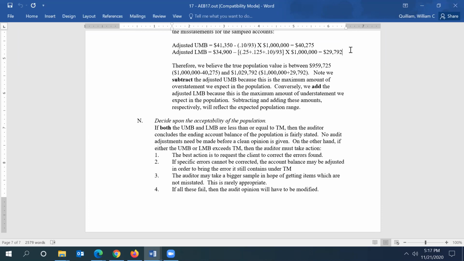Conversely, we add the adjusted lower misstatement bound because that's the maximum amount of understatement that we expect in the population. Subtracting and adding these amounts respectively will reflect the expected population range. So it may seem a bit in reverse, but trust me, it's true. That's why I wanted to say that, and why I bolded subtract and add. You'll see what I mean when you go back over this.